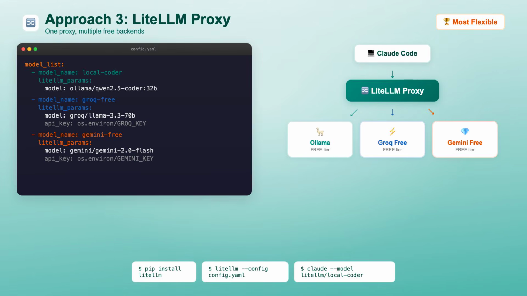Create a config YAML with your model list. Local Ollama models, free Gemini Flash, free Grok Llama. Start the proxy. Point Claude Code at it, and now you can switch between local and cloud models seamlessly. Best of all, Grok and Gemini both have free tiers that are surprisingly generous.